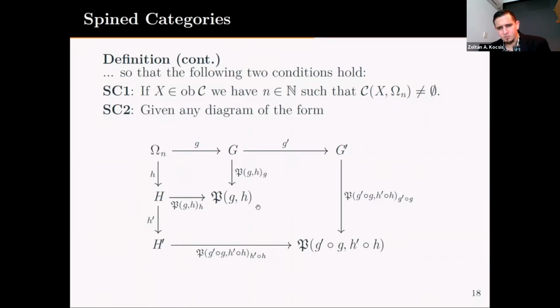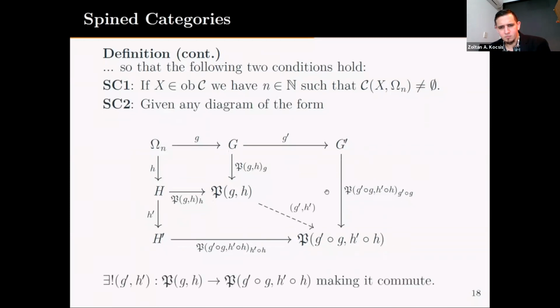Now if these were actual push-outs, we could get a mediating morphism between them. And what our condition is going to say is that we can still get that for proxy push-outs. So what it's going to say is that there exists a unique mediating morphism that makes diagrams of these form commute.